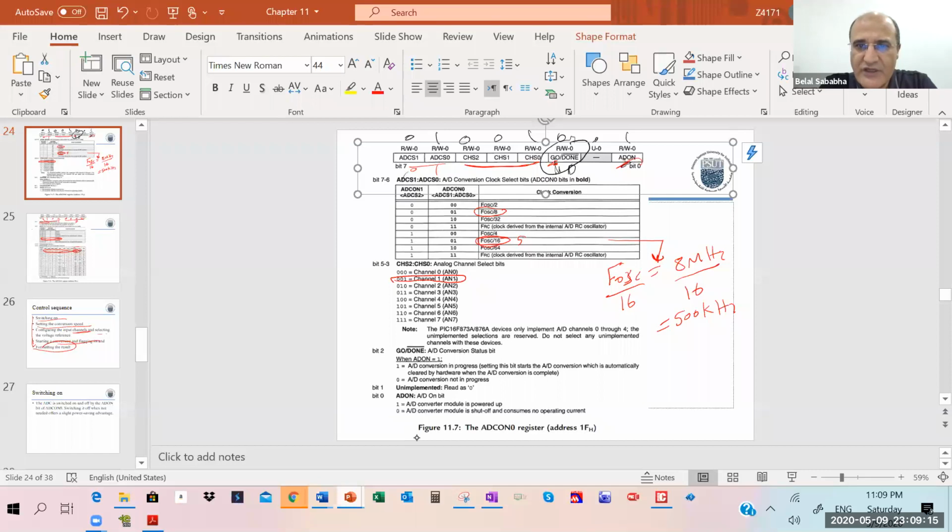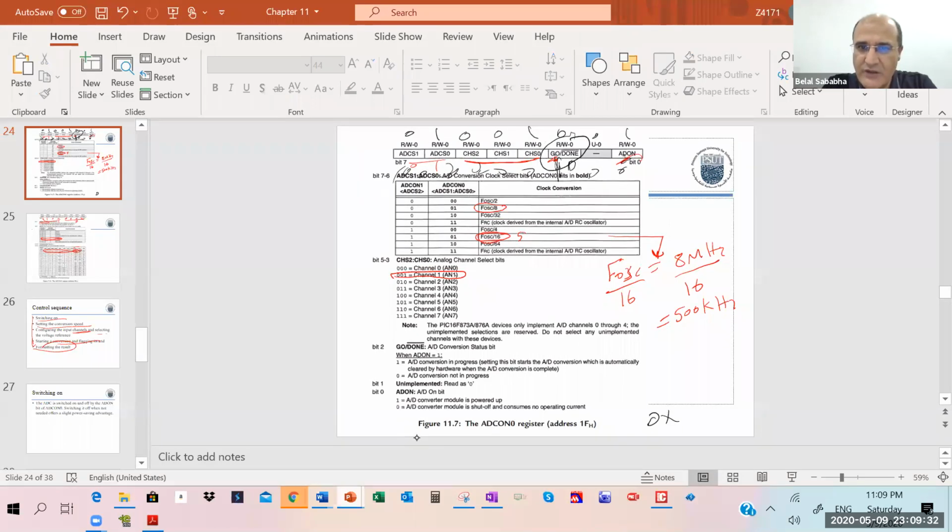I can OR everything with zeros except this bit, right? So I can OR ADCON0 with 0 0 1 0 0 0 0 0. What is this that I wrote? 0x04. Okay, 1 0 0 is 4.